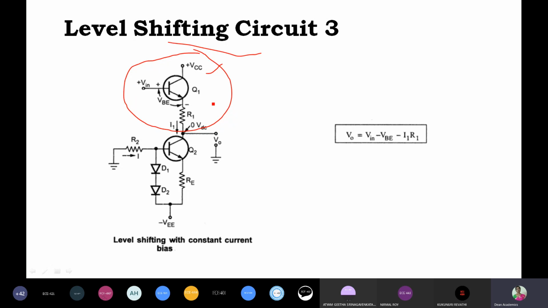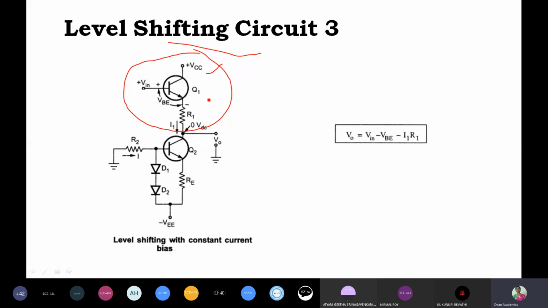So this is level shifting circuit 3. This circuit is also named the constant current bias circuit.